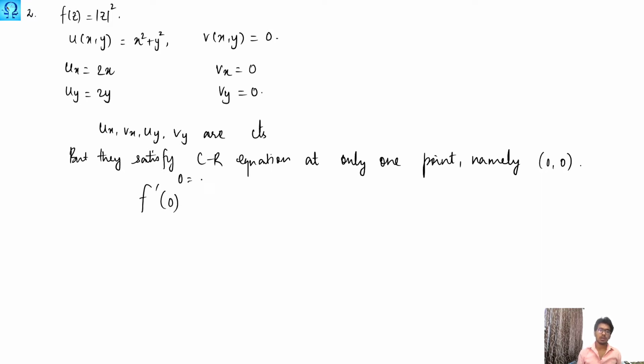Here by 0, what I mean is 0 plus iota times 0. So this shall be written as ux evaluated at (0, 0) plus iota times vx evaluated at (0, 0). So what is ux? That is 2 times 0 plus iota times, it is simply 0. So the derivative of the given function at the point 0 is 0 itself.